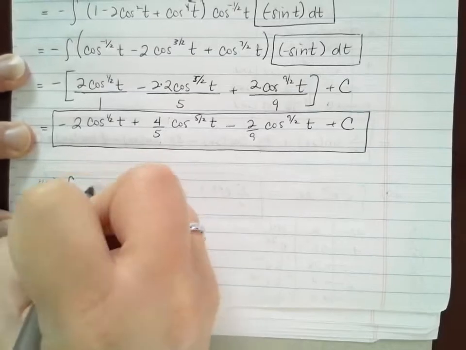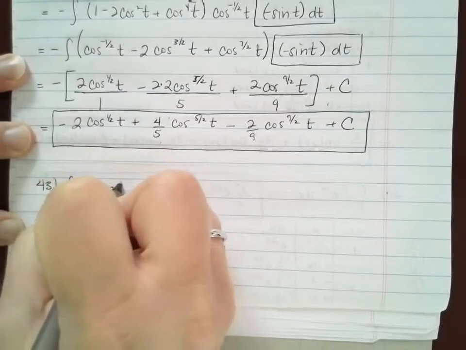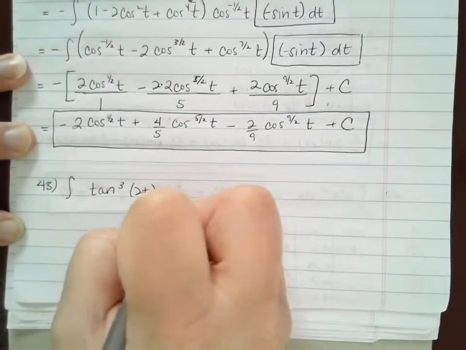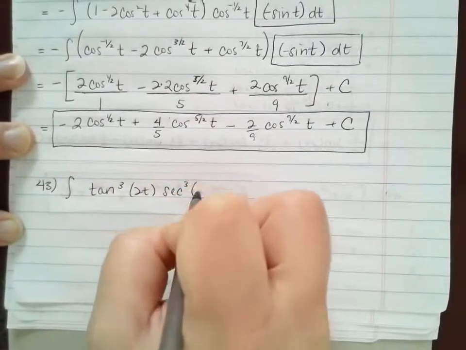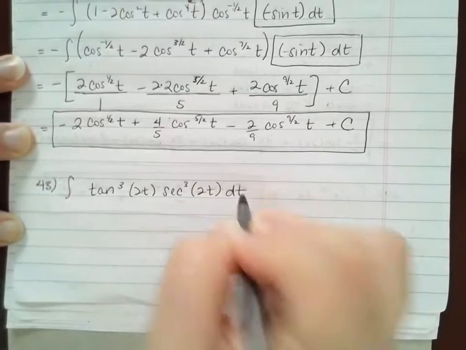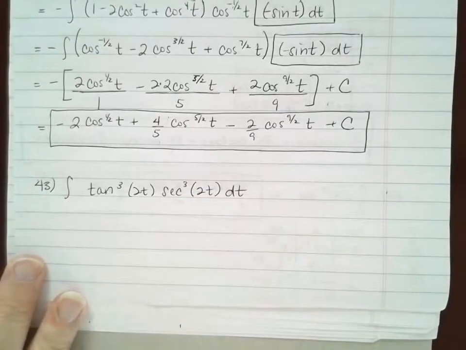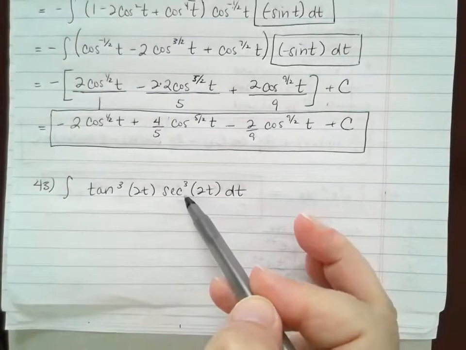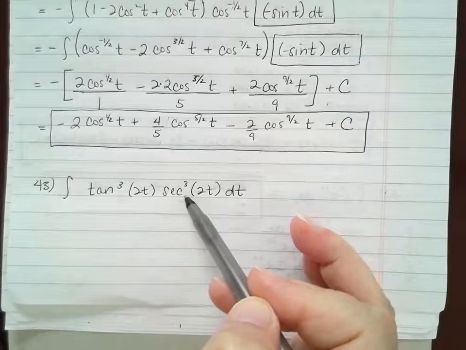43, I've got tan cubed 2t, secant cubed 2t dt. When I have secants and tans, I have a couple options. If secant is my u, then I would have to save one secant and one tan for its derivative.